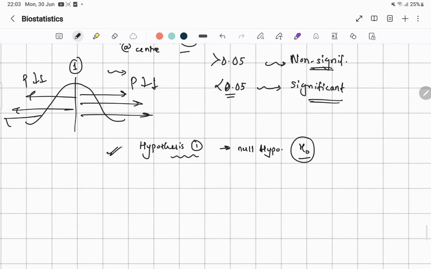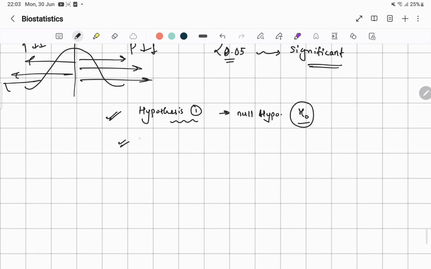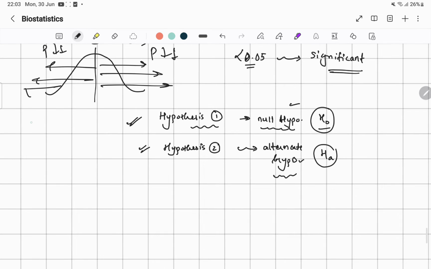This is the original statement you are believing. And we have a hypothesis 2, which is the alternate hypothesis. Whenever you do research, you take a null hypothesis, which is the original one, and an alternate one, HA. When we say that a drug has a p value less than 0.05, it means it is significant, that is, it is abnormal.